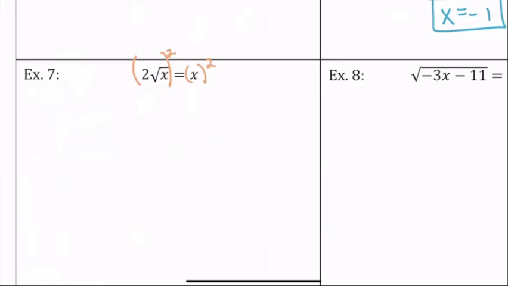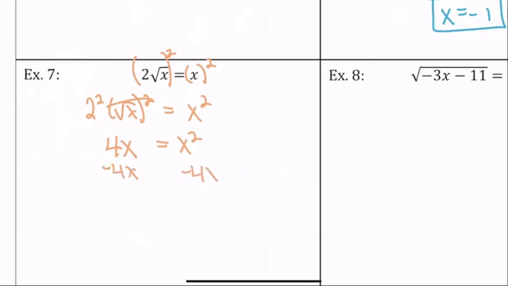So if I do that, this would give me 2 squared, and then square root of x squared equals x squared. These would cancel. 2 times 2 is 4, so this is really 4x. Oh, sorry, equals x squared. Then we want to get everything to one side. X squared minus 4x.